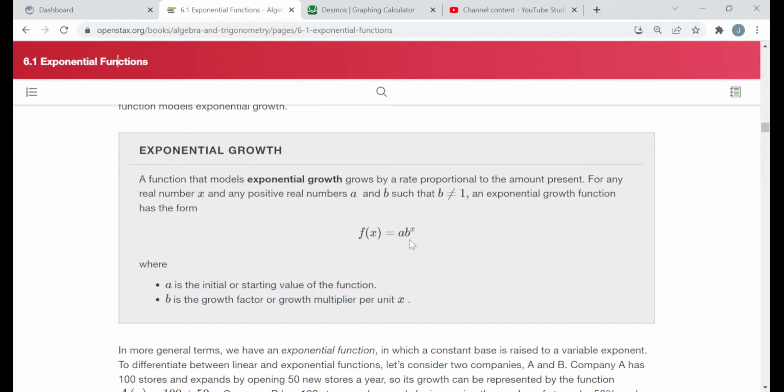And when b is less than 1, but still positive, you're going to have what's called exponential decay. Right? And this value of b is called the growth factor, or growth multiplier, or decay factor, decay multiplier per unit x. So I'll write that out here.